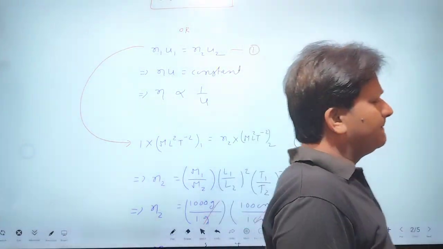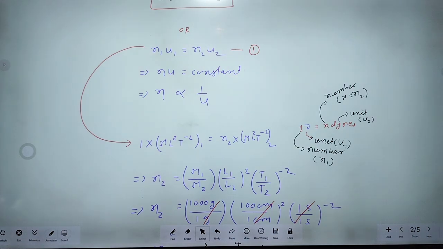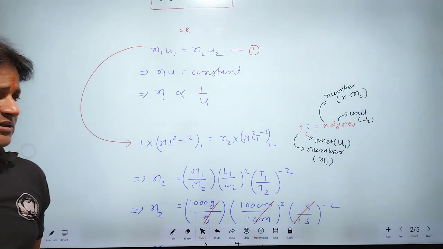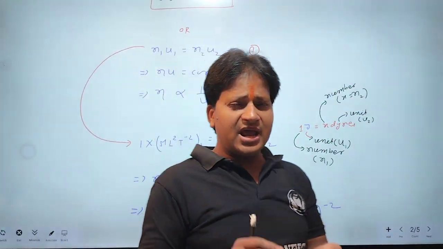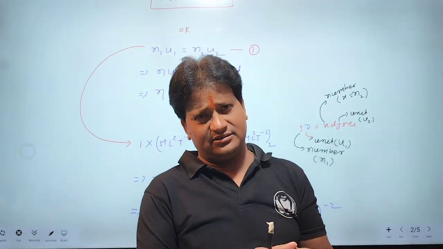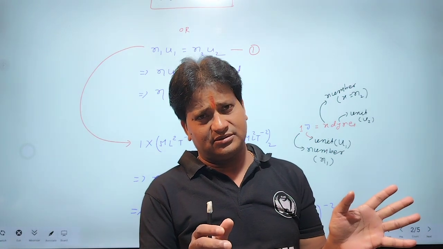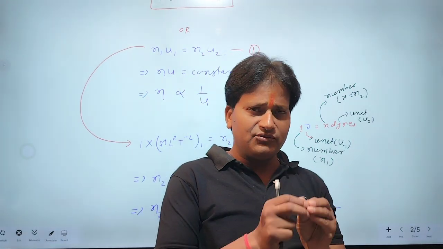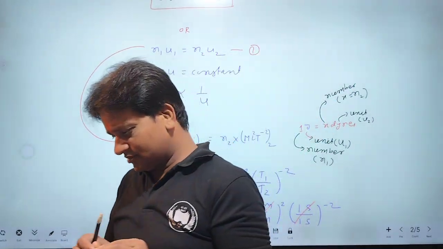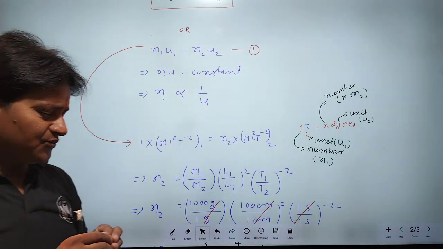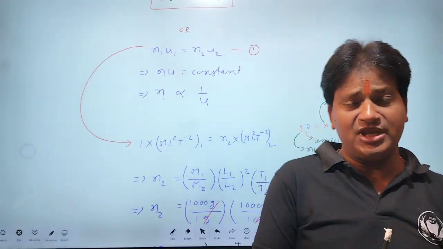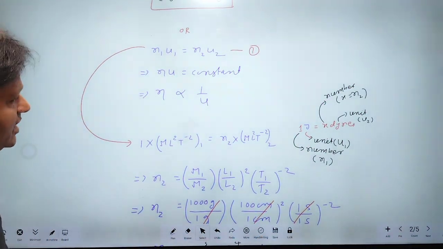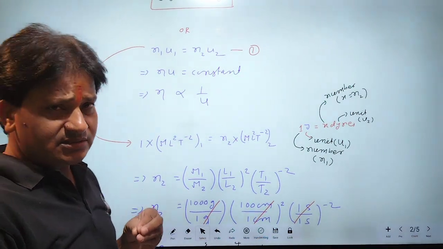As for example, 1 Newton is equal to 10 to the power 5 dynes. This means that dyne is a smaller unit of force than Newton. Newton is the larger unit, therefore dyne is the smaller unit.